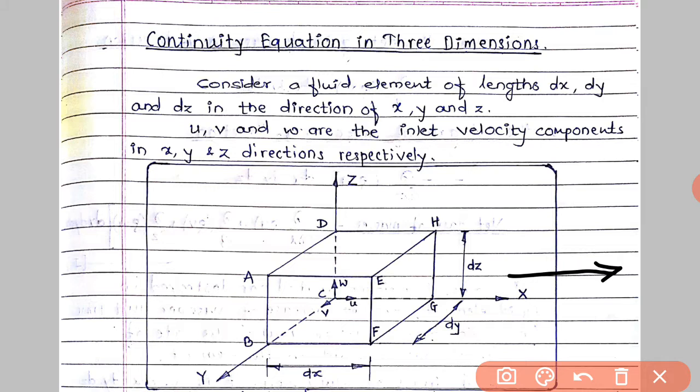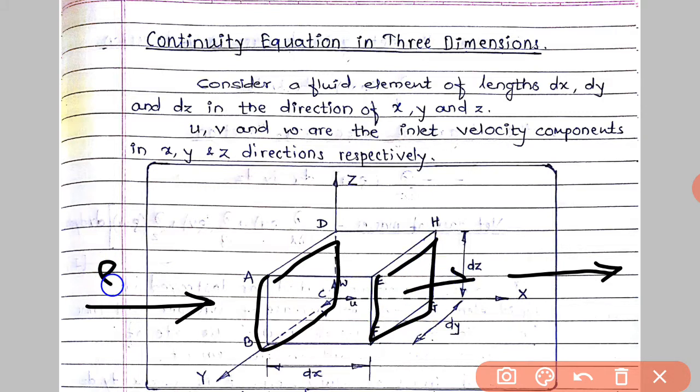For that, we have to obtain the mass of fluid entering through face ABCD and the mass of fluid leaving through EFGH. So the mass of fluid is entering through ABCD and leaving through EFGH, and the gain of mass in the x direction will be given by the mass entering through ABCD minus the mass leaving through EFGH.